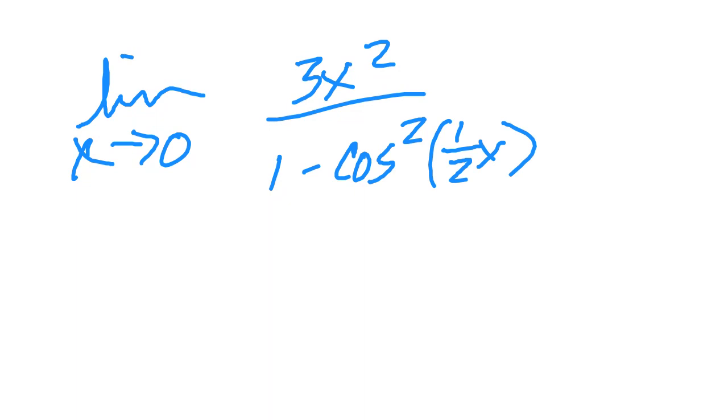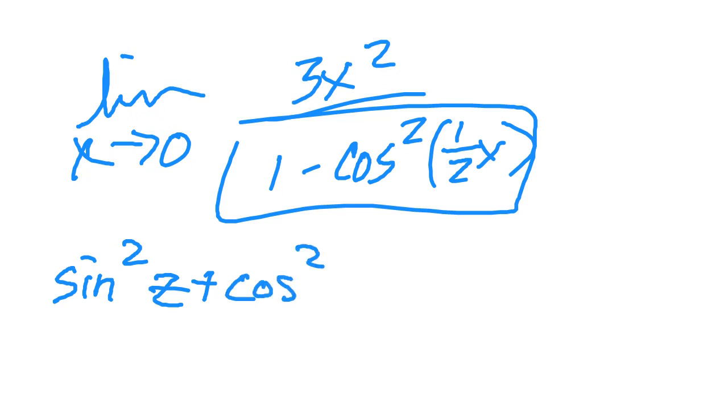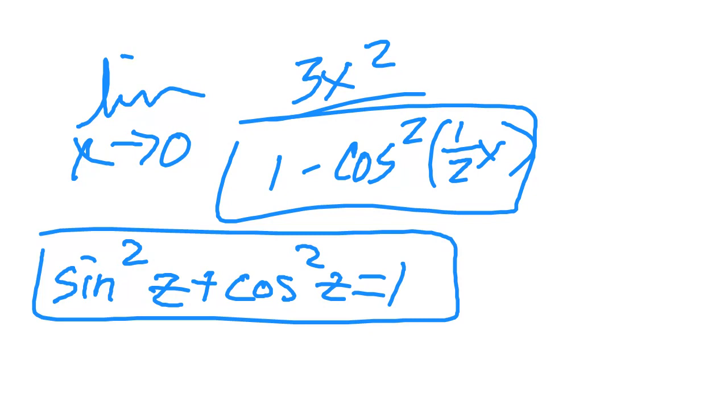But the reality is, if I look at the denominator and ask what that's like, I remember that sine squared z plus cosine squared z is 1. That is an identity we have from trig. And of course, sine squared z is 1 minus cosine squared z.